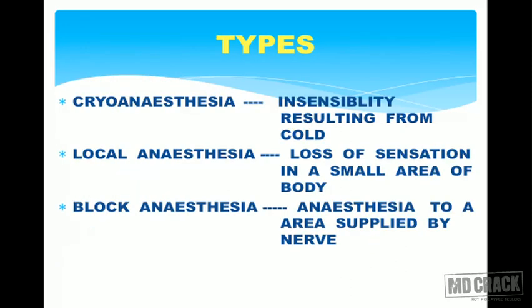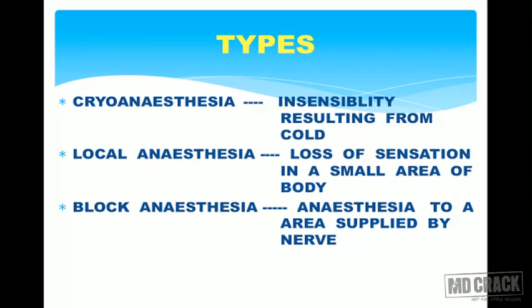Now coming back, as you can see on the screen, I'm just going to tell you what the different forms of anesthesia are, which I had already discussed before. Cryoanesthesia, that is insensibility resulting from the cold. Local anesthesia, which we can also discuss as infiltration anesthesia, that is loss of sensation in a small area of the body.